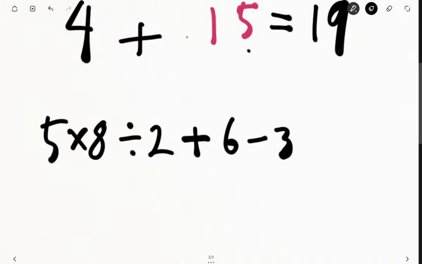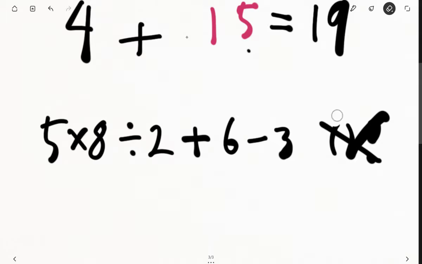Now this one's a lot bigger, but not any harder. Again, we're going to think through order of operations. We start with the most complicated thing, which is parentheses. Do we see any parentheses in here? No, there's no parentheses in here, so we don't have to worry about those.